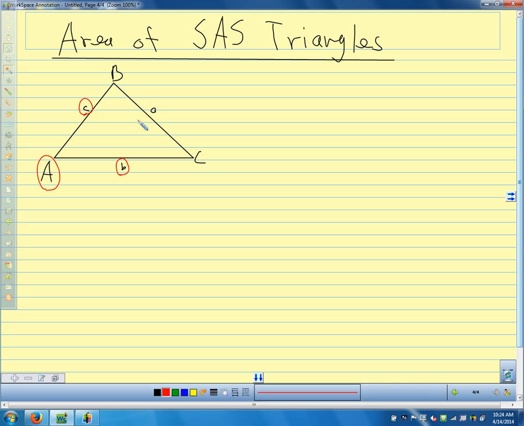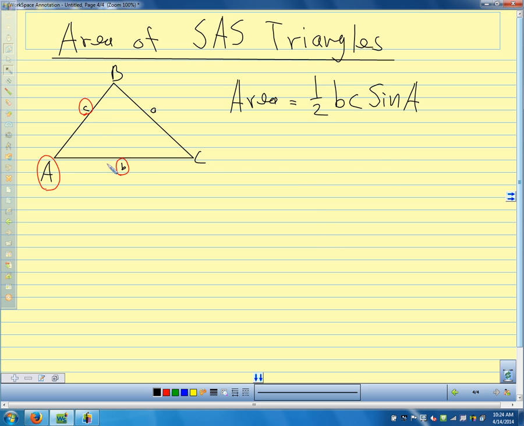So draw that little picture. And our area is 1/2 BC sine A. Length of this side times the length of that side times the sine of the angle between them, and we divide that by 2.